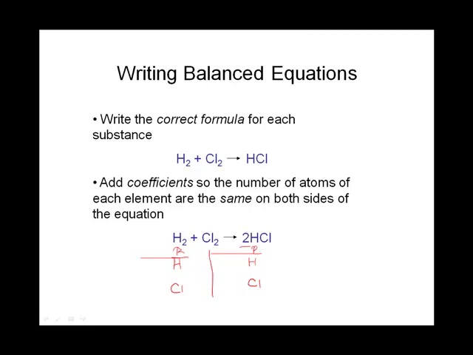Okay? We have 2 atoms of hydrogen because of that, and we have 2 atoms of chlorine because of that. Now let's double check on the other side. Well, 2 times this 1 equals 2.